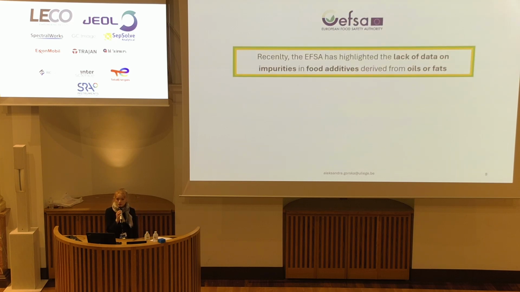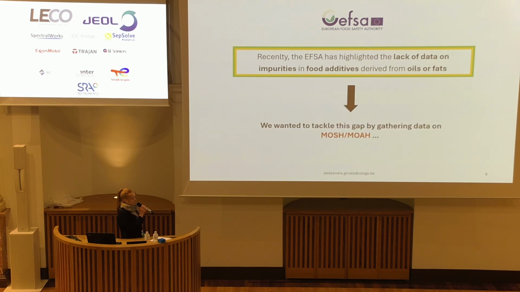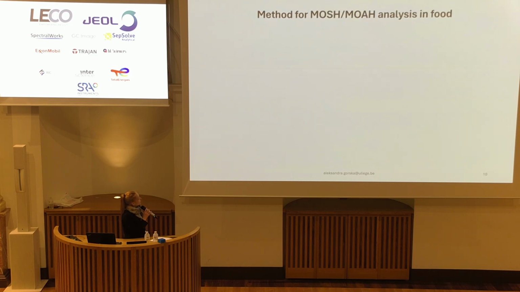So recently, the EFSA has highlighted the lack of data on impurities in food additives derived from fats and oils. So we wanted to tackle this gap by gathering data on MOSH&MOAH, as this is a bit our domain of expertise. The routine method for MOSH&MOAH analysis in food involves various steps.